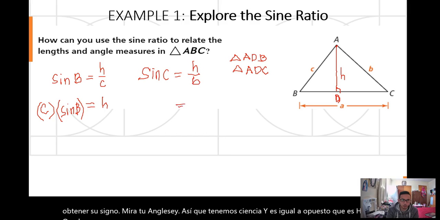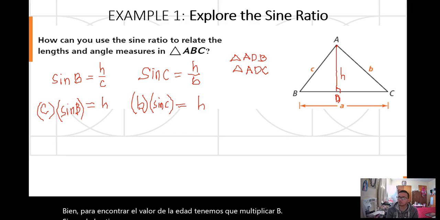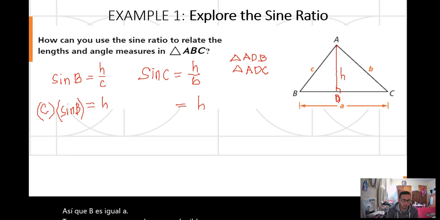To find the value of h, we multiply b times sine C, so h is equal to b times sine C. We are done solving each equation for h.